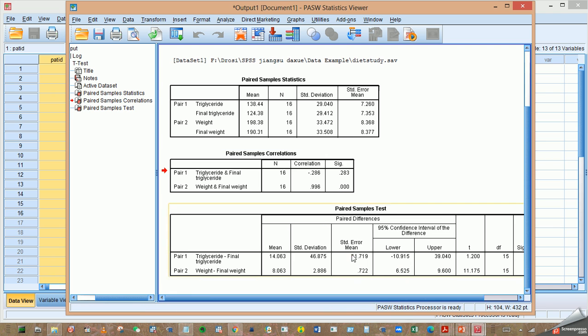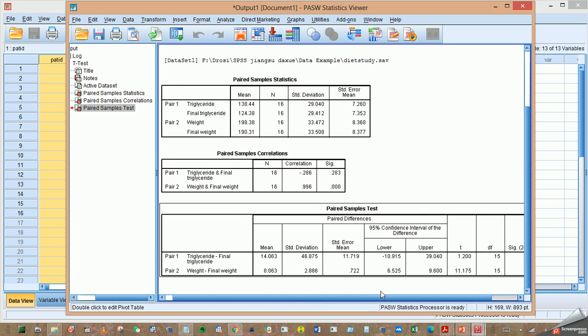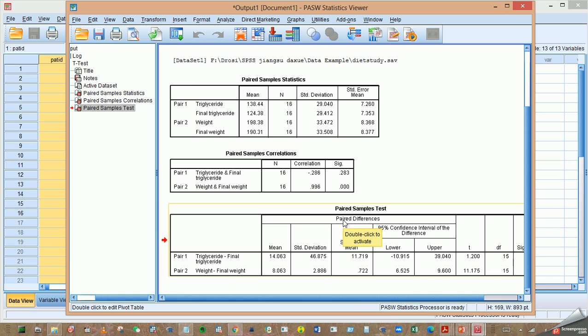Now this is the main table. This is checking the significance of the differences between each two variables. We find that the difference between the two means is 14. The difference between the other two means is 8. So we can see there's a big difference here.